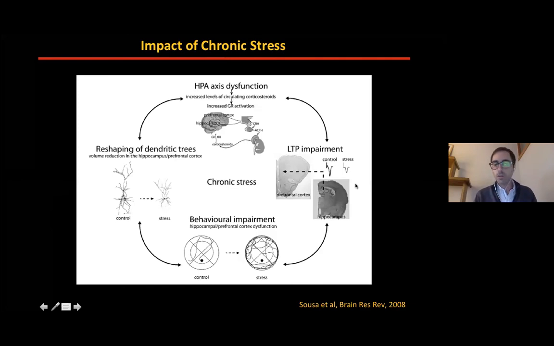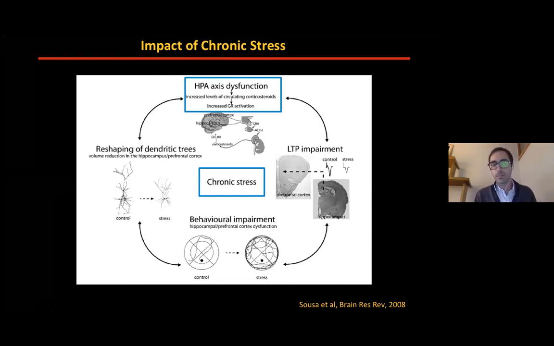This part is relevant for our models, especially to observe anxiety-like behaviors. Overall, various groups have been studying this over the past few decades. Concerning the model that we use in our lab, the chronic unpredictable stress model, it has been shown to affect a wide array of phenotypes in rodents, and this also has implications for humans, of course. For instance, it leads to endocrine dysregulation, with increased levels of corticosteroids circulating in the blood.